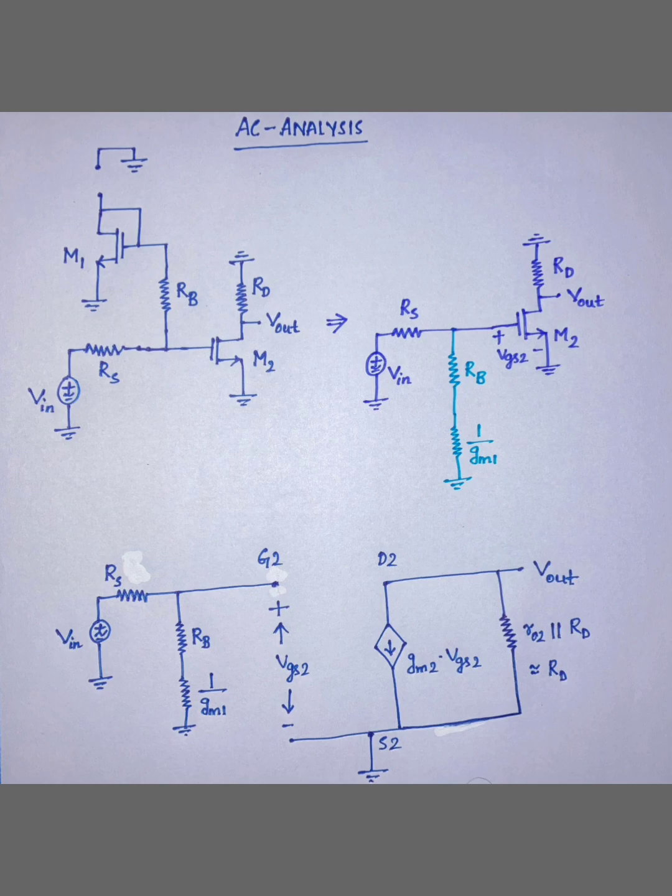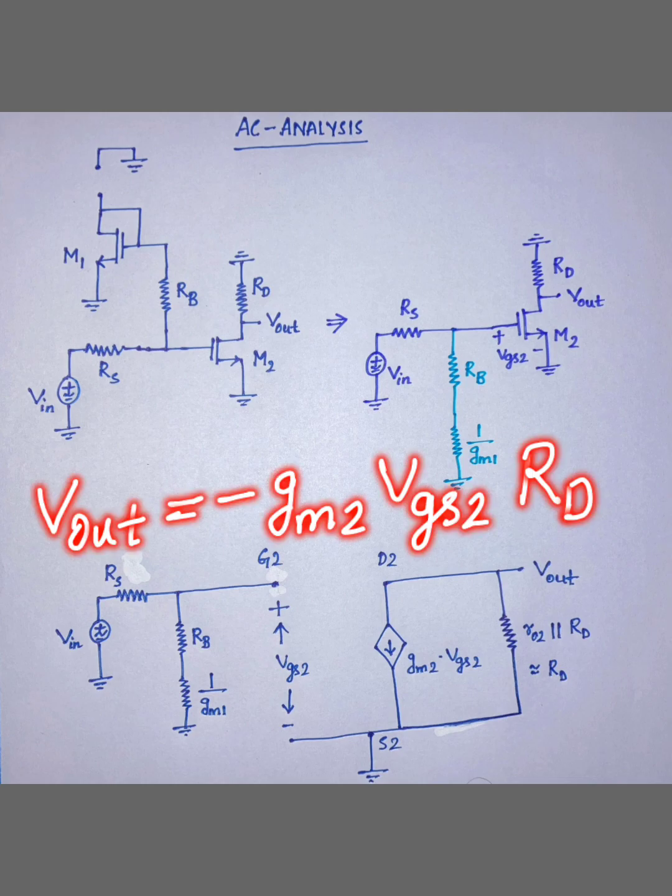Since there is no channel length modulation, ro2 is infinite, so the parallel combination is only RD. The entire gm2 into VGS2 current flows through RD. So the output voltage will be minus gm2 into VGS2 into RD.